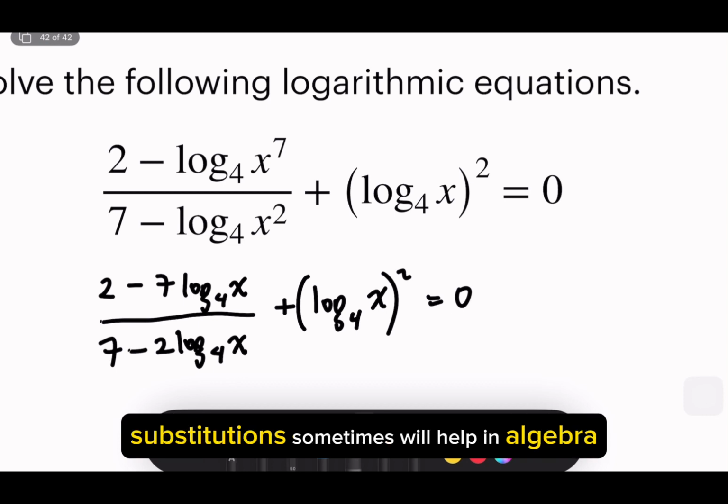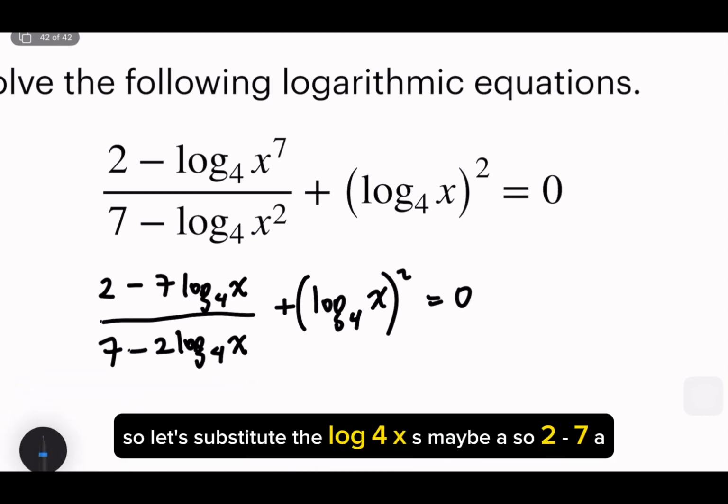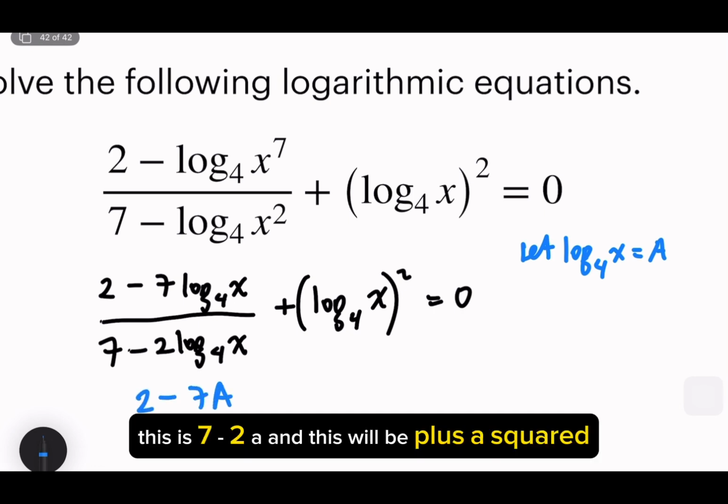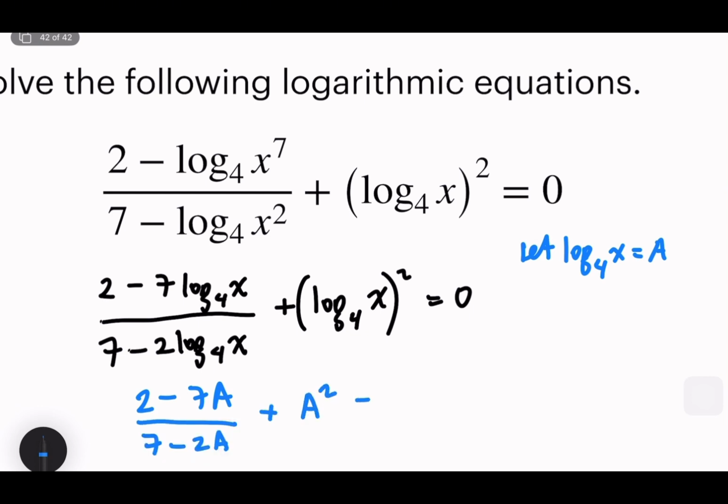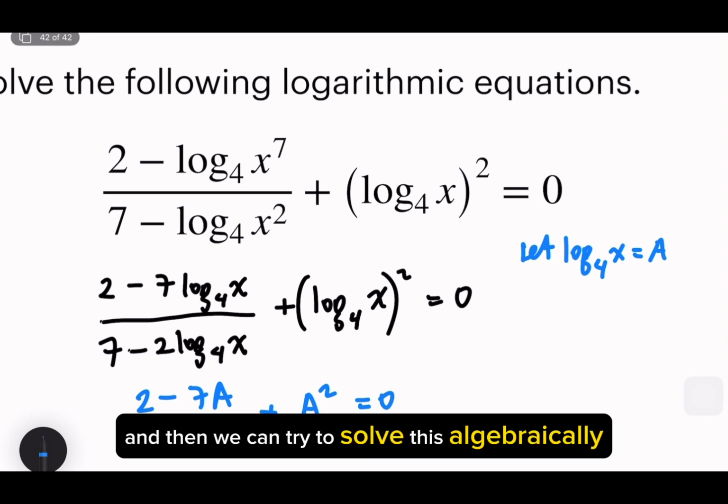Substitutions sometimes will help in algebra, most of the time. So let's substitute log base 4 of x as maybe a. So 2 minus 7a, this is 7 minus 2a, and this will be plus a squared.